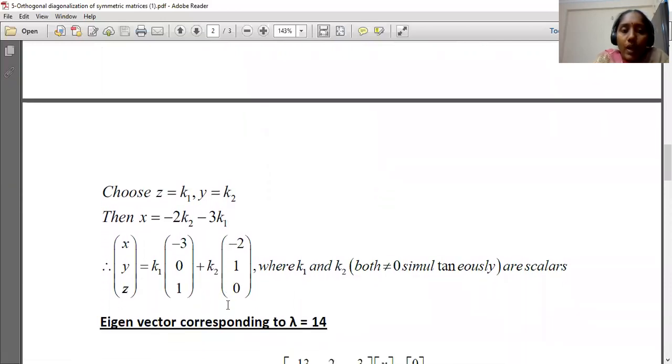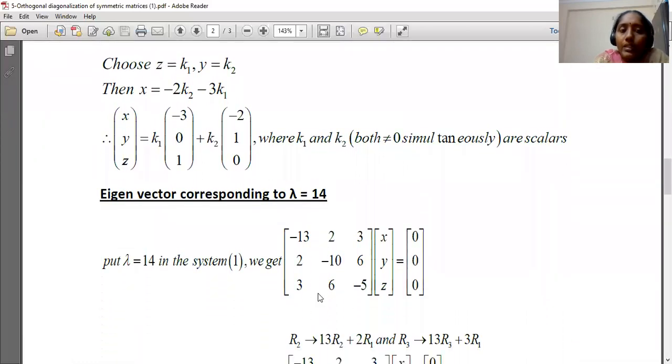Just substitute those values of x, y, z, and write that column vector as a sum of two column vectors. That is k1 times (minus 3, 0, 1) plus k2 times (minus 2, 1, 0), where k1, k2 are non-zero scalars.